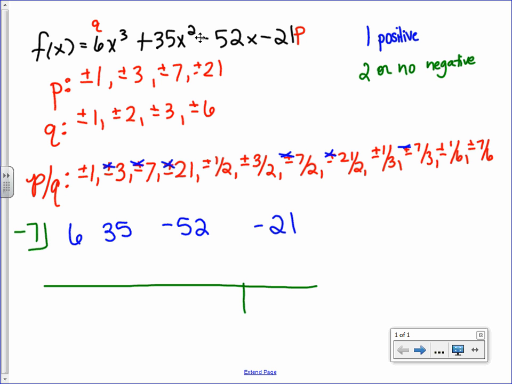It is 0. Bring down your 6. That's a negative 42. That's a negative 7. Positive 49. Negative 3. Positive 21. 0. Okay, so we found a 0. That's great.